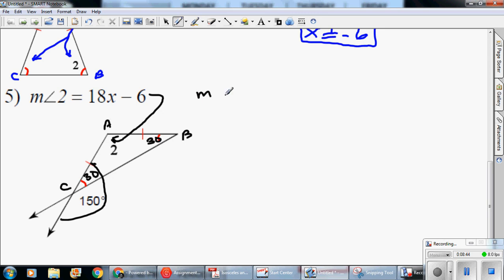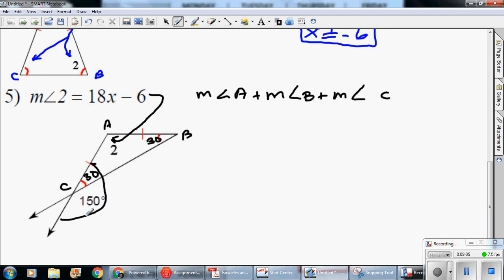So I know that the measurement of angle A plus the measurement of angle B plus the measurement of angle, you gotta be careful because there's 1, 2, 3, 4 angles in here.